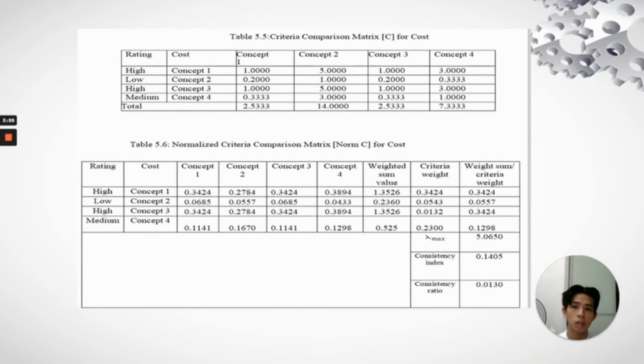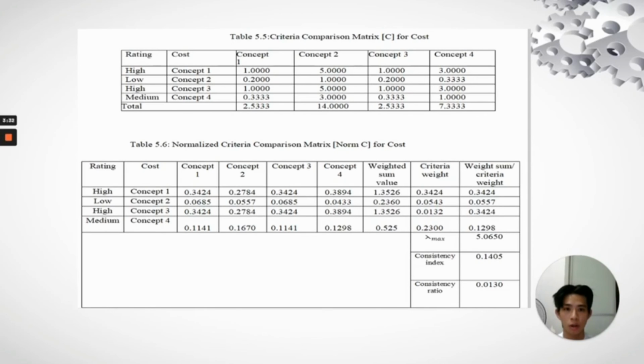Therefore, the next tables show that we have used the AHP for the criteria of these five factors, to show which concept has the higher values.